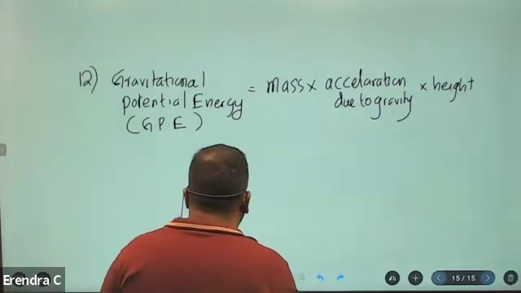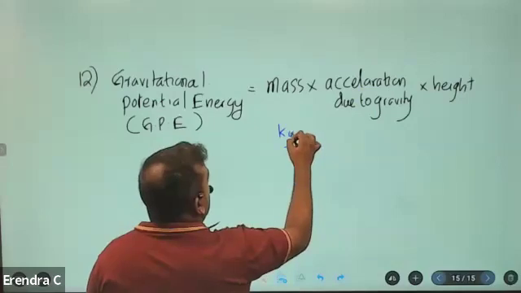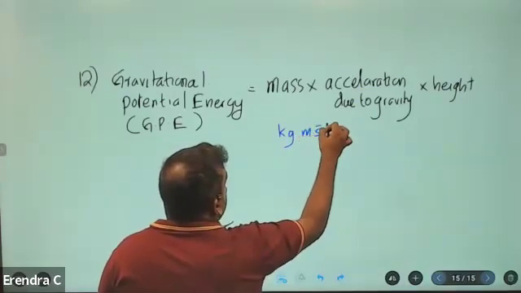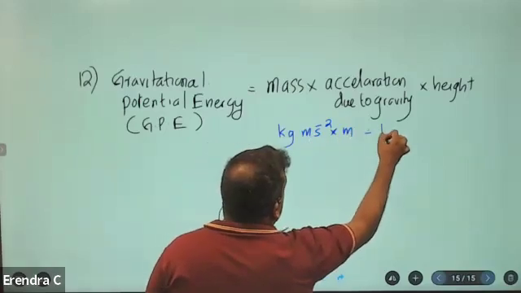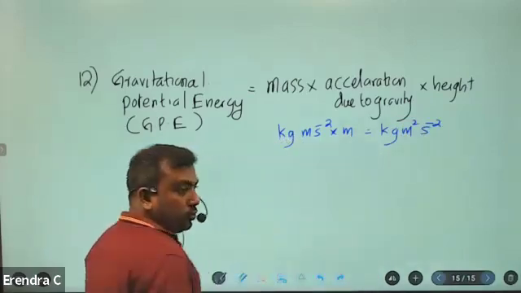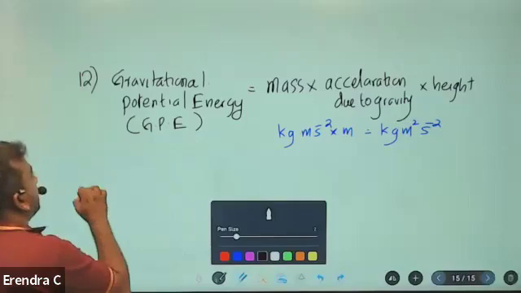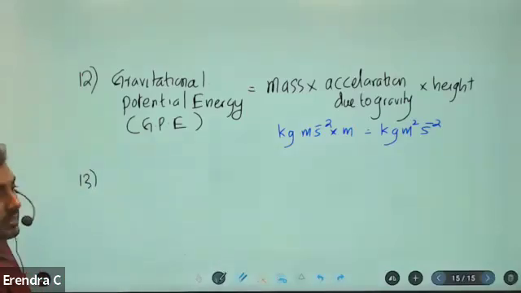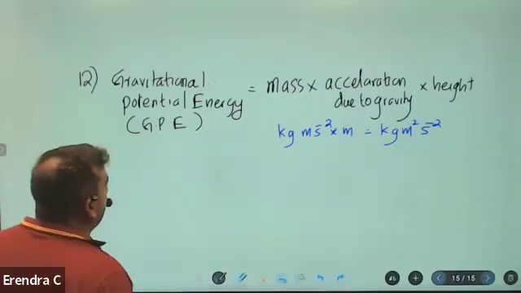If I put the units, look at the board. kg, ms minus 2 into m. So here m becomes m squared. kg m squared s minus 2. Here, kg m squared s minus 2. Just put the basic units and go.